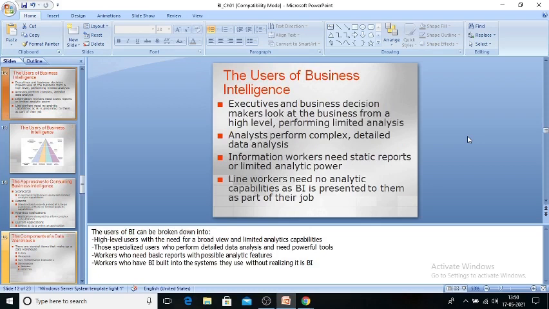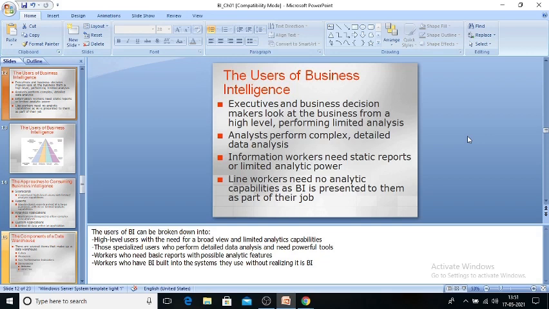The users of business intelligence. Executives and business decision makers. The business decision makers look at the business from a high level, performing limited analysis. There are different types of people. One is high level people.